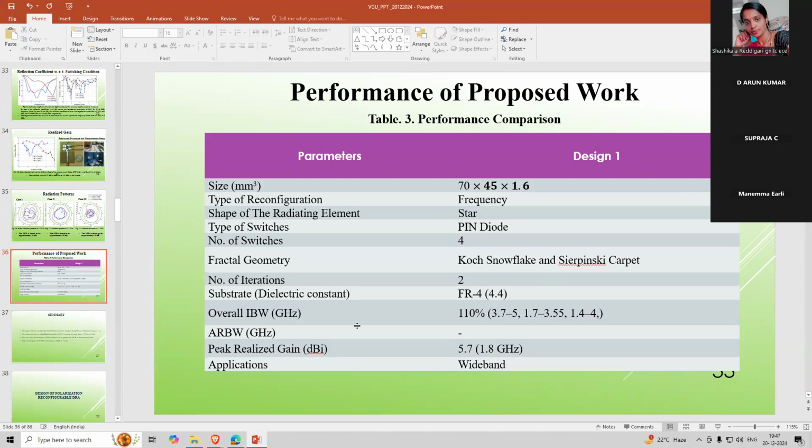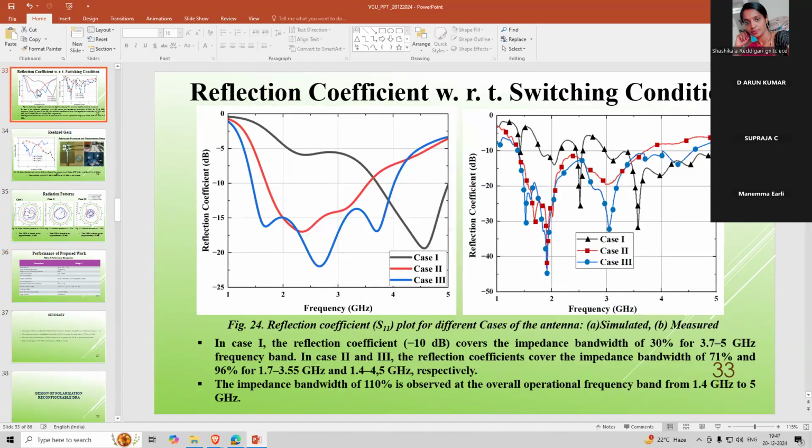So impedance bandwidth, you can calculate from the reflection coefficient. You can consider the measurement: the difference between the higher frequency and lower frequency, divided by the resonant frequency. If your peaks are more, then you can take the average.